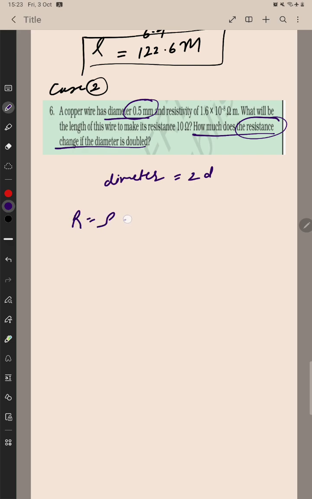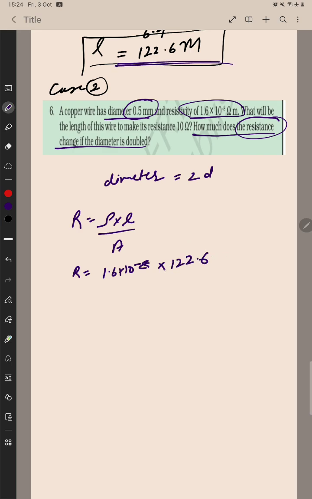R is equal to rho multiplied by L by A, right? Same formula we have to use, rho L by A. So R is equal to rho, which they have given, there is nothing to do with this: 1.6 into 10 power minus 8 ohm meter. Unit I am not writing because the unit is ultimately going to cancel out. Length we have just now calculated: 122.6 meter.